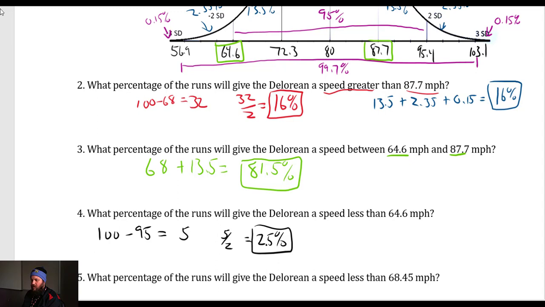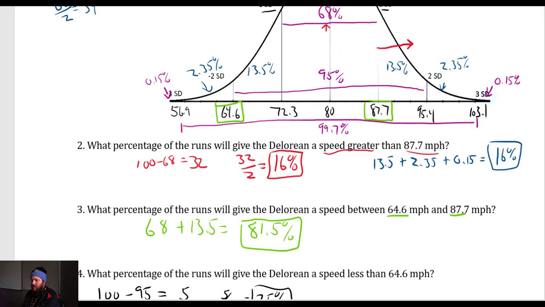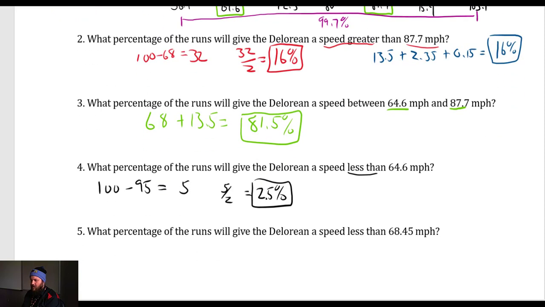However, if you know you have 2.35 and 0.15 that are below, in other words, less than 64.6, then you can simply say 2.35 plus 0.15, and look at that, that still gives you 2.5% as well.